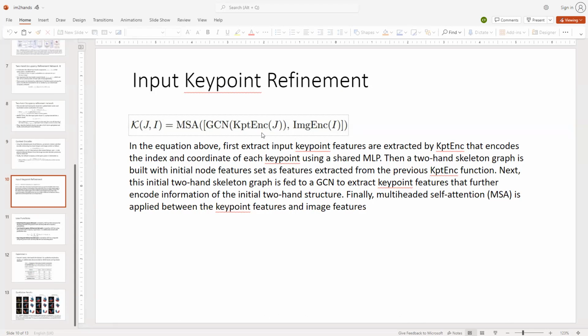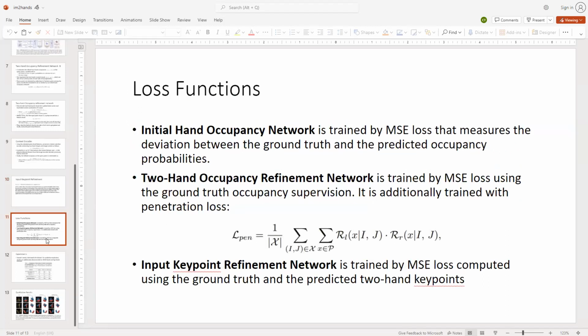Then after you have this two-hand skeleton graph, just feed it to any graph convolutional network and then perform multi-headed self-attention with the output of the graph convolutional network and the image encoding of the RGB image to get the final, refined key point values.